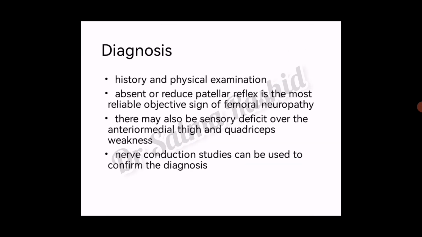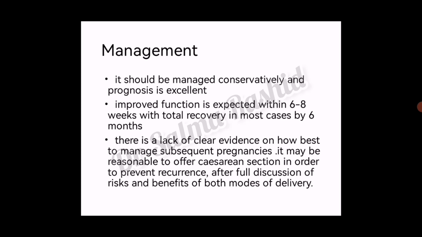Now, diagnosis. We can diagnose this by history and physical examination. Absent or reduced patellar reflex is the most reliable objective sign of femoral neuropathy. There may also be sensory deficit over the anterior medial thigh and quadriceps weakness. Nerve conduction studies can be used to confirm the diagnosis. Now, the management.